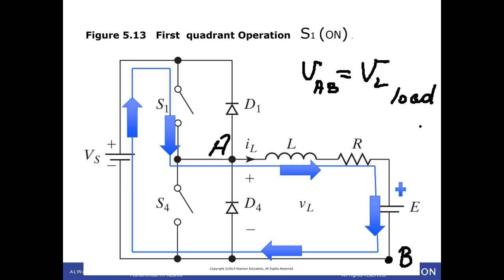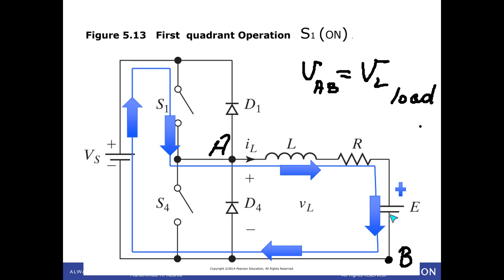I put S1 on. So current, I put these blue arrows to help you. Through S1, current flows through the inductance and the back EMF, or if you have a capacitor that might be, or if you have a battery, that also might be.